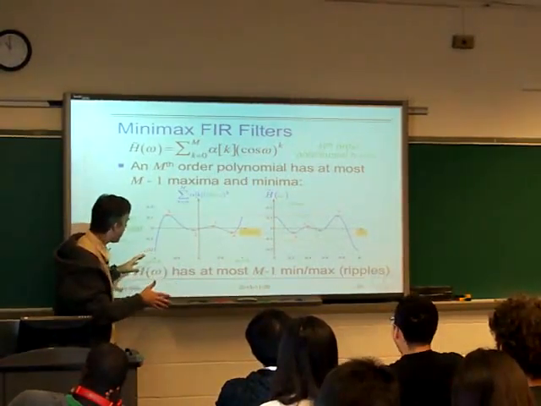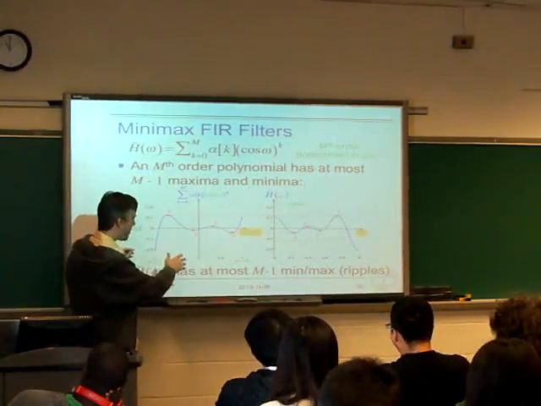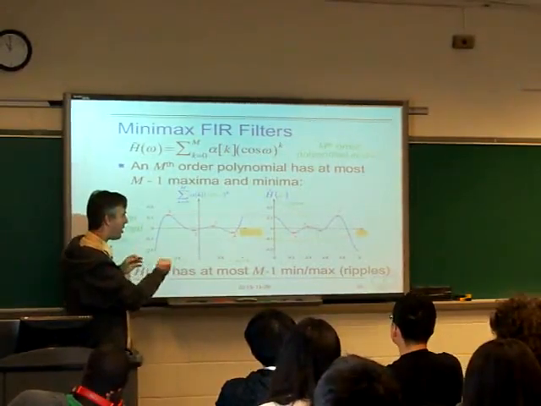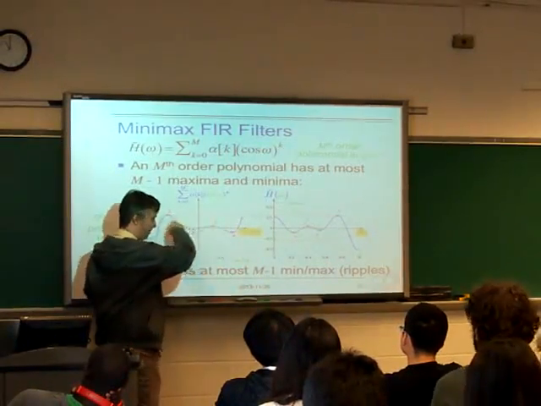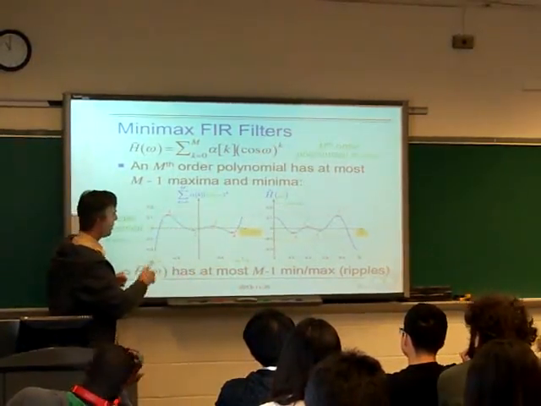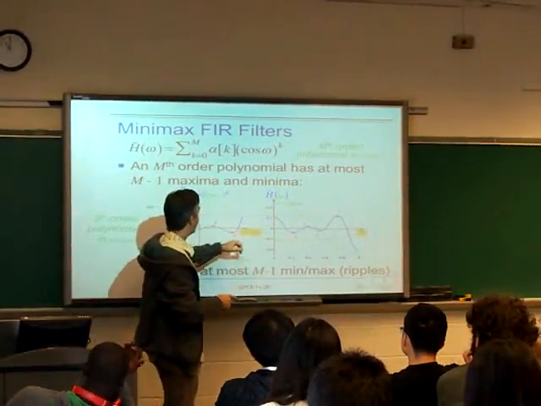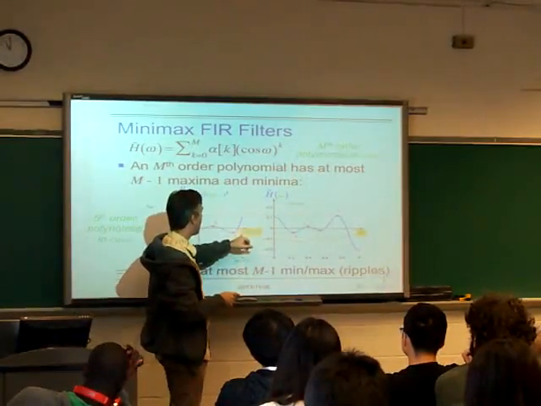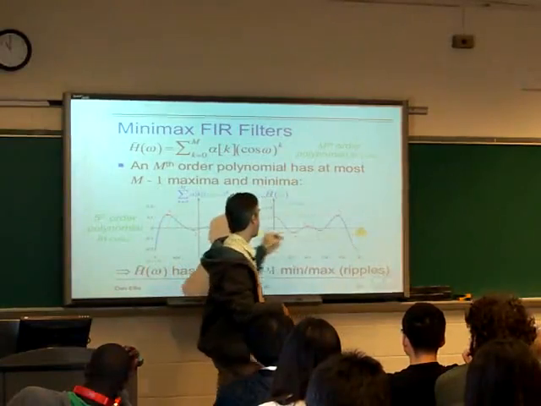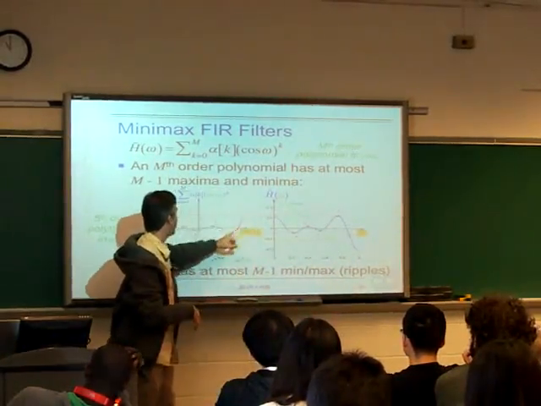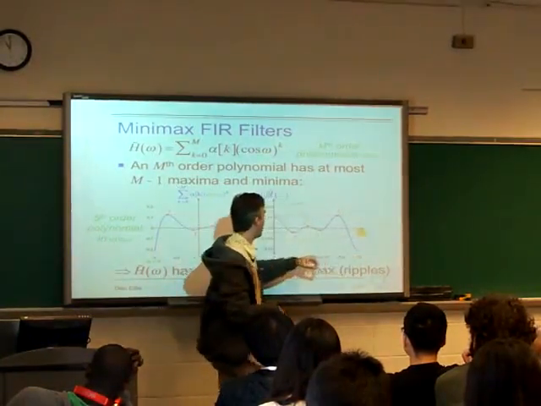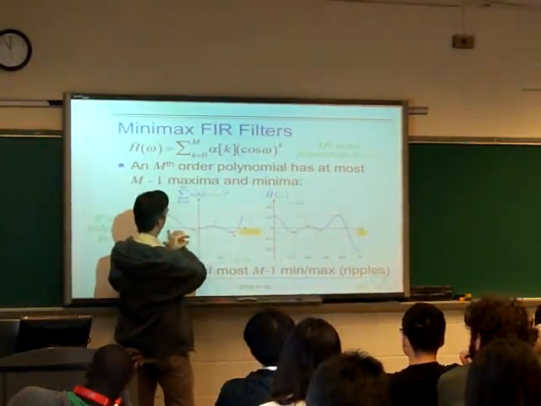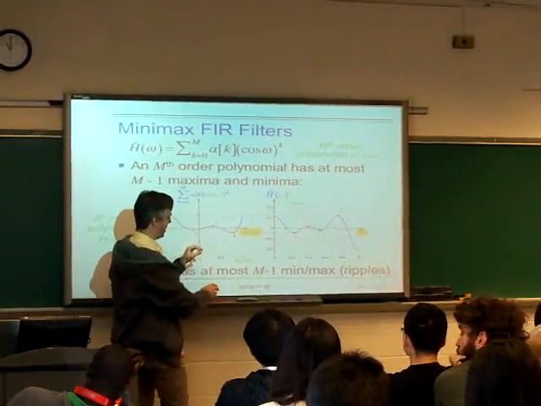And so here's the relationship between them, right? We're saying that this frequency response is a polynomial in cosine omega, so we plot it in cosine omega. Here's fifth order. It looks like a fifth order polynomial. But what we're actually getting is the frequency response as a function of omega, not cosine omega. So we take this polynomial and we map it through this cosine function to get a different x-axis.